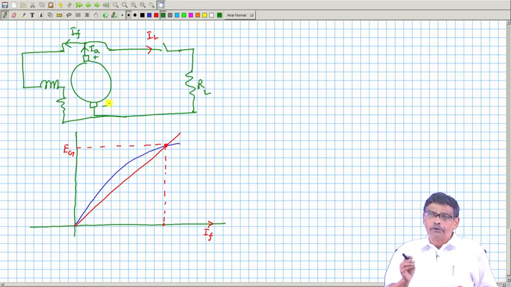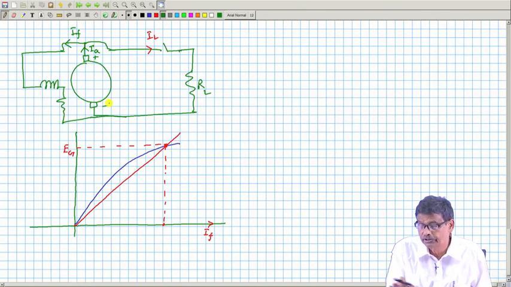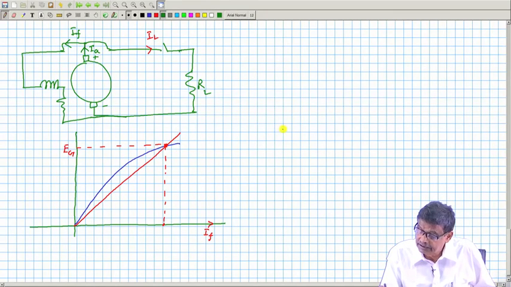Anyway, these are important things, and you should be very clear about that. So, this is the thing. Now, this one is called the open circuit, and what is the load characteristics?